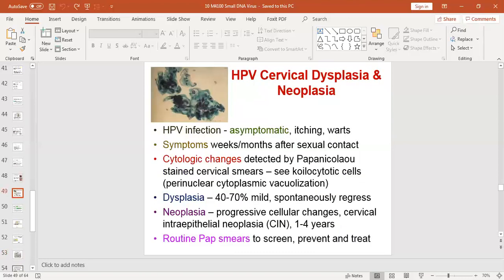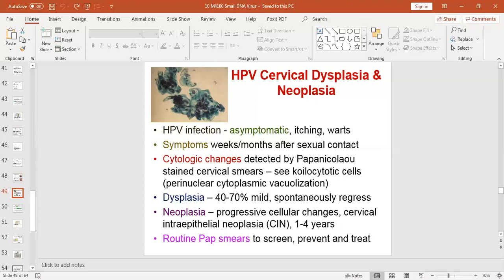Moving to slide 49. HPV cervical dysplasia and neoplasia. HPV infection initially presents itself as asymptomatic, maybe a little bit of itching and warts. Weeks or months after sexual contact, the symptoms will develop, and the changes can be detected by a cytologic test.